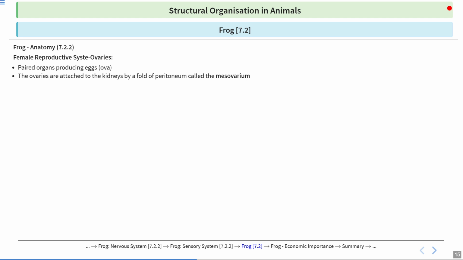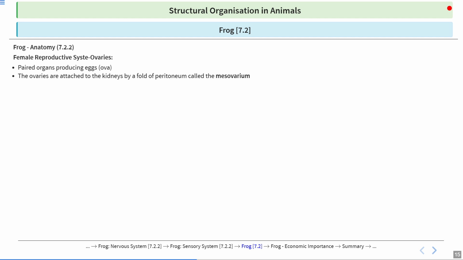The ovaries are attached to the kidney by a fold of peritoneum that is called mesovarium. Now here again, for the attachment of the testes to the kidney, there is mesorchium. Now here, for the attachment of ovaries to the kidney, there is again a peritoneum folding or a membrane that is called mesovarium. Very, very important.